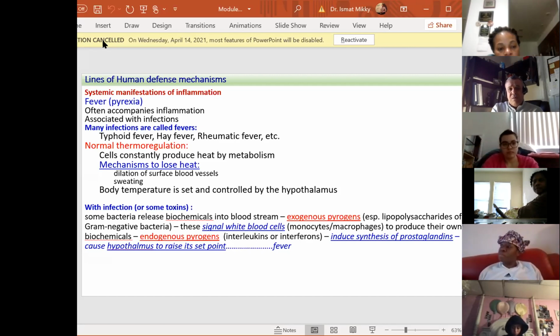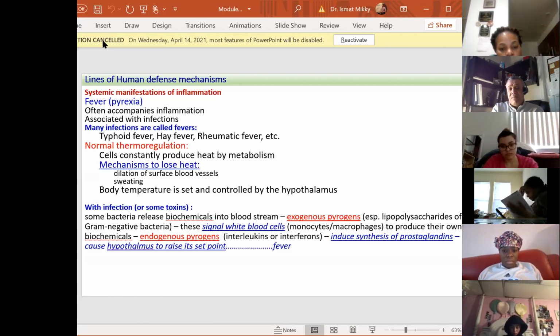So bacteria produce toxins, that's exogenous pyrogens, stimulating the macrophages and monocytes to produce their biochemicals. They have their own cytokines contained in the cells, like the interferons and the interleukins. So the toxins from bacteria will stimulate these macrophages to produce and release the cytokines, or interleukins and interferons.